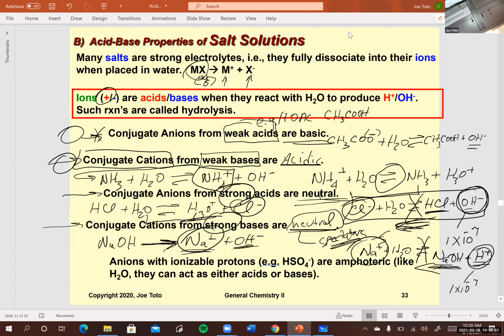And then the last statement is just anions with ionizable protons are amphoteric, just to remind you that if you have multiple ionization possibilities, then it's possible that this could go to the right and form that equilibrium.